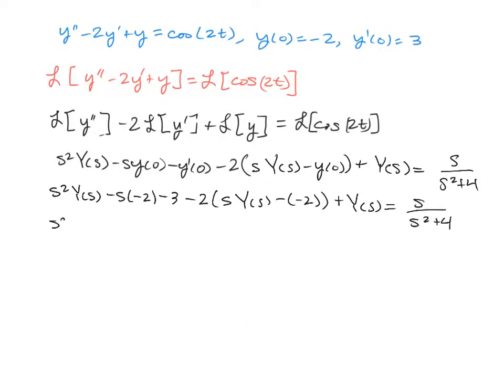And then we're going to have s squared big Y of s plus a 2s minus a 3 minus 2s big Y of s.